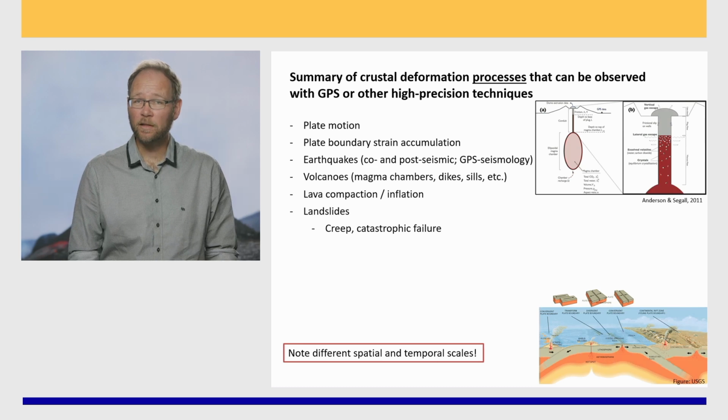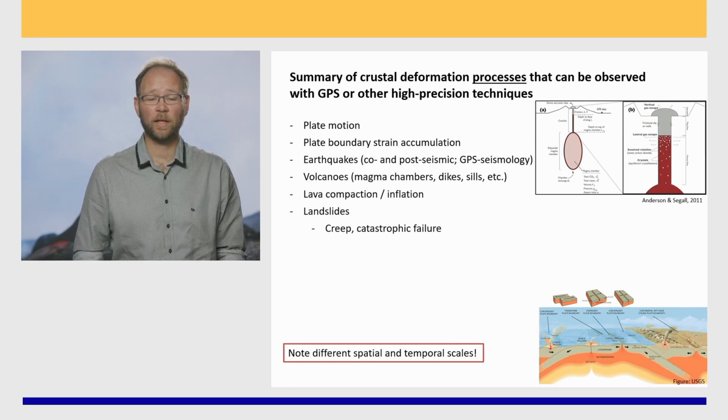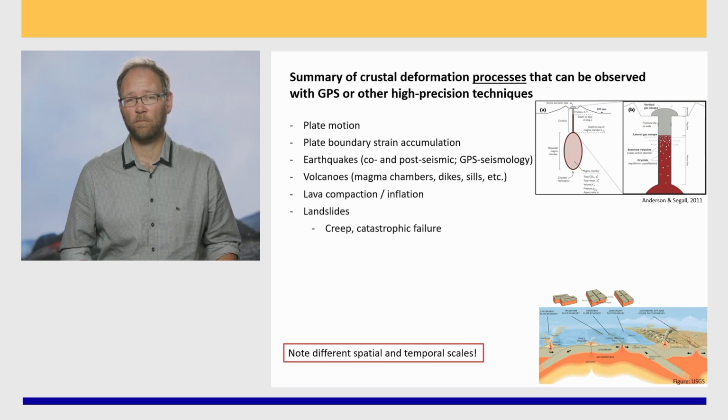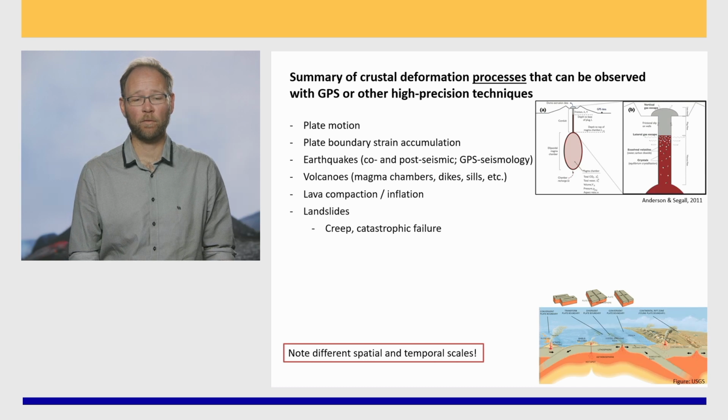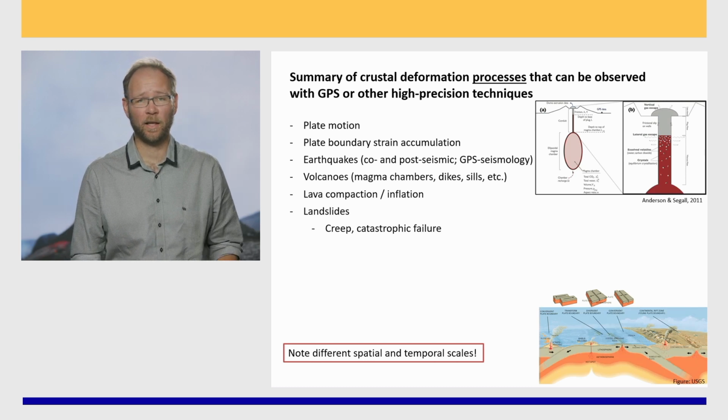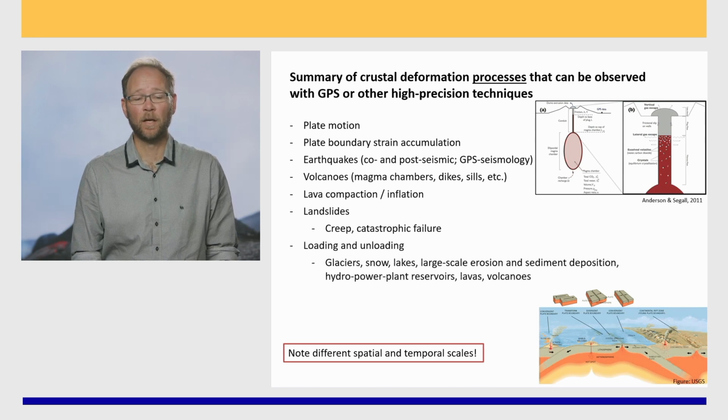Some people look at landslides and use geodetic techniques for that, and there we have some different modes of movement. There can be slow creep that is ongoing for years and decades. Then there can be catastrophic failure, which takes maybe only seconds or tens of seconds.